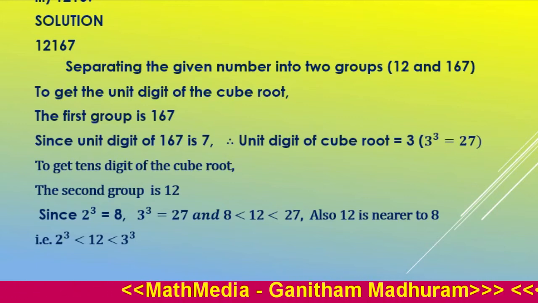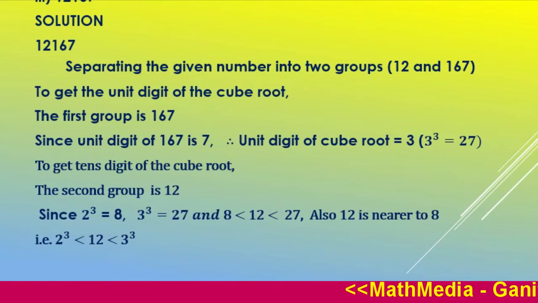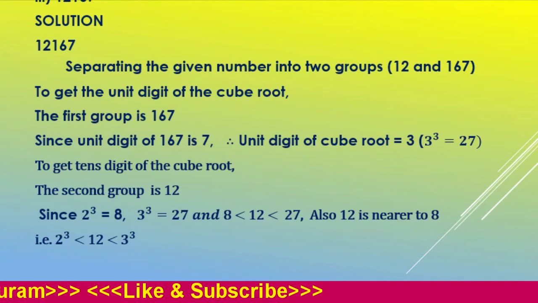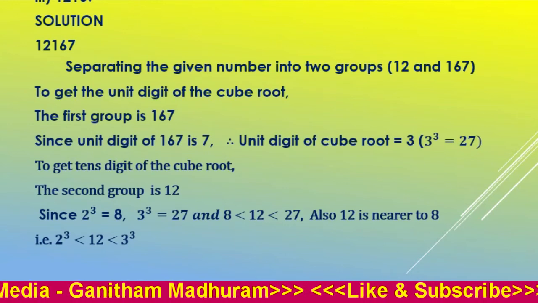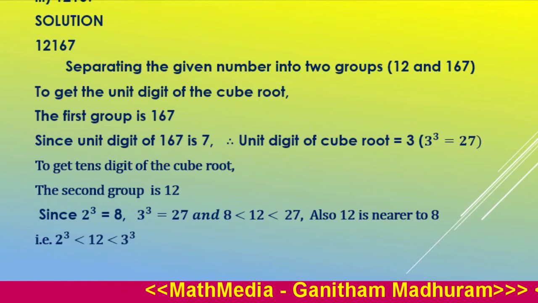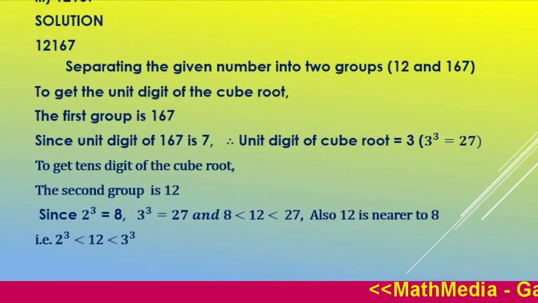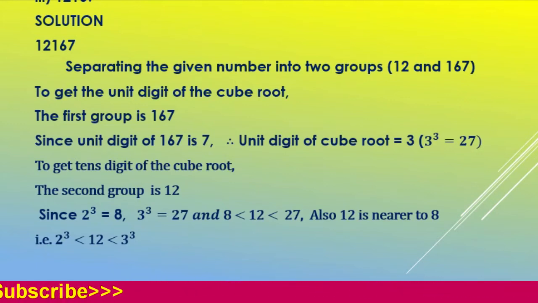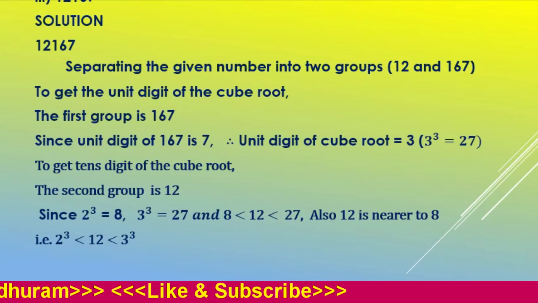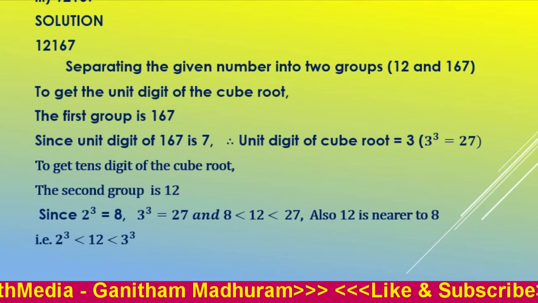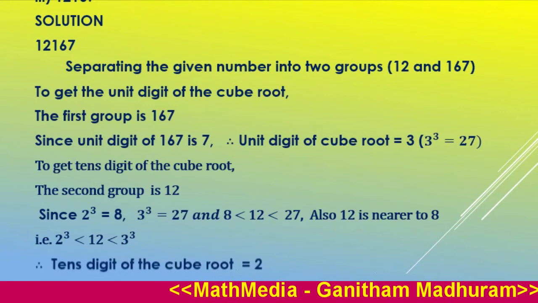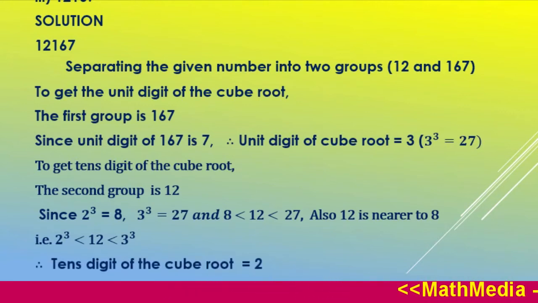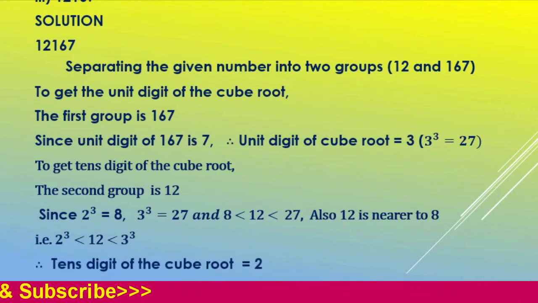So the perfect cube nearer to 12 is 8. We take the cube root of 8, that is 2, which is the tens digit of the required number. Is it clear? The tens digit of the cube root will be 2.